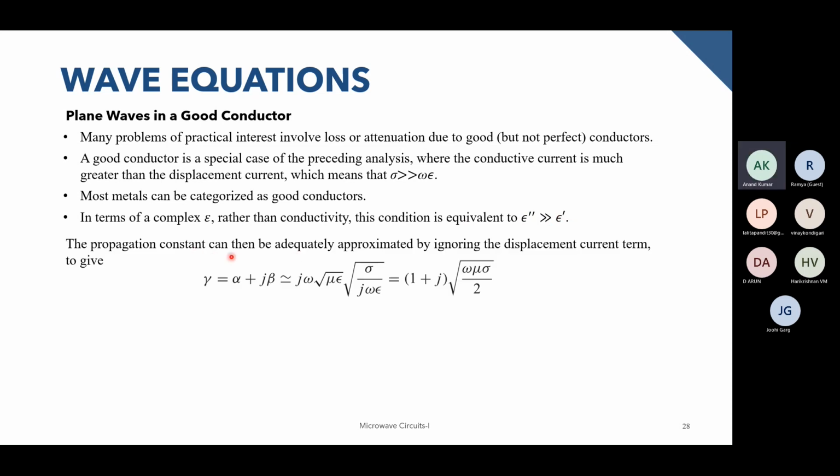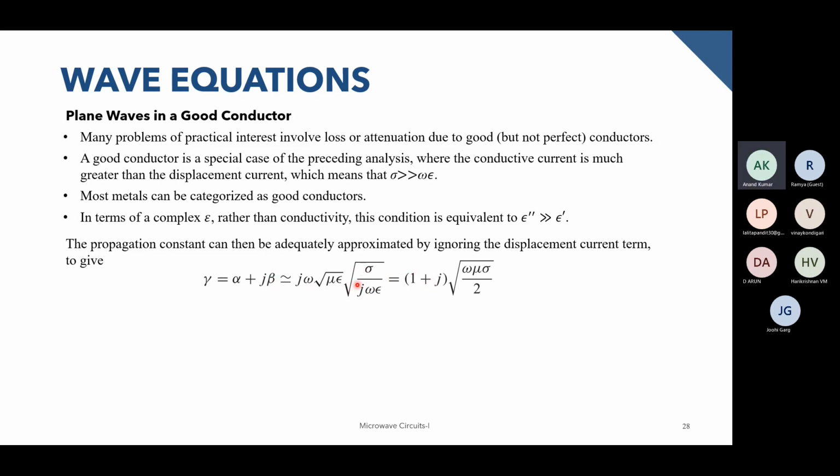Using this approximation, we can get the propagation constant. We end up with an expression for the propagation constant looking like this: j omega root under mu epsilon, and then root under sigma by j omega, and one more term which was over here has now vanished.